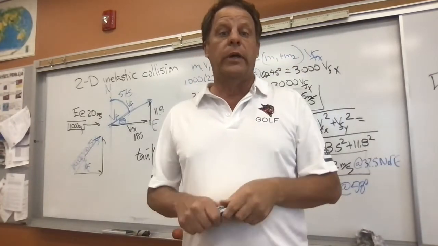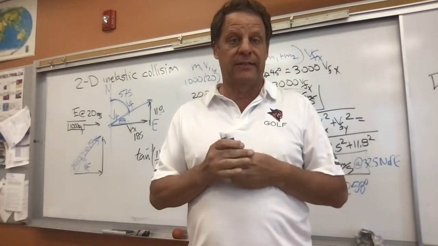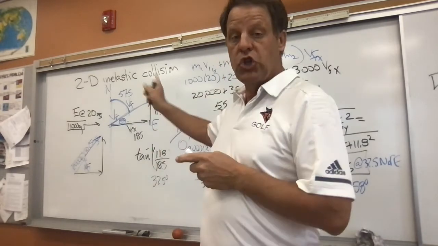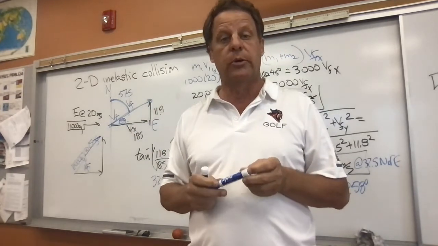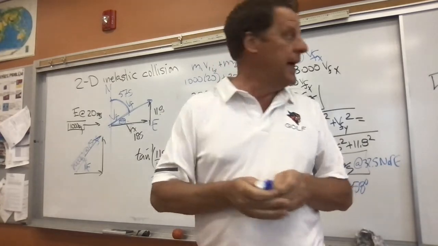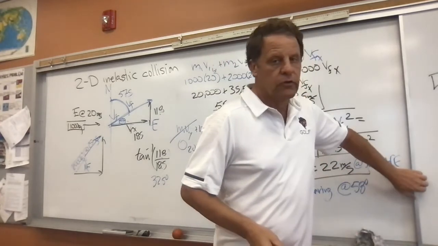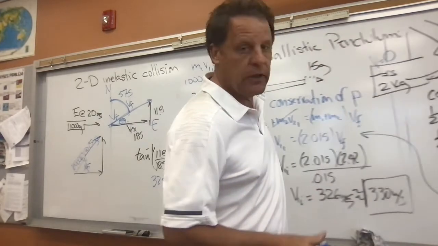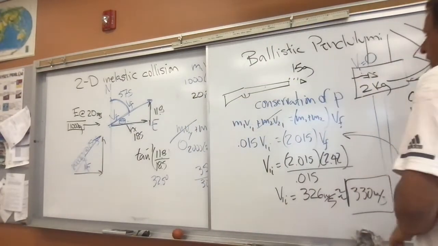All right, so now we are going to go to our last section of today's lecture, which is going to be two-dimensional motion, but we're going to do that for an elastic collision. All right, so I am going to erase some things here, and we will get set up.